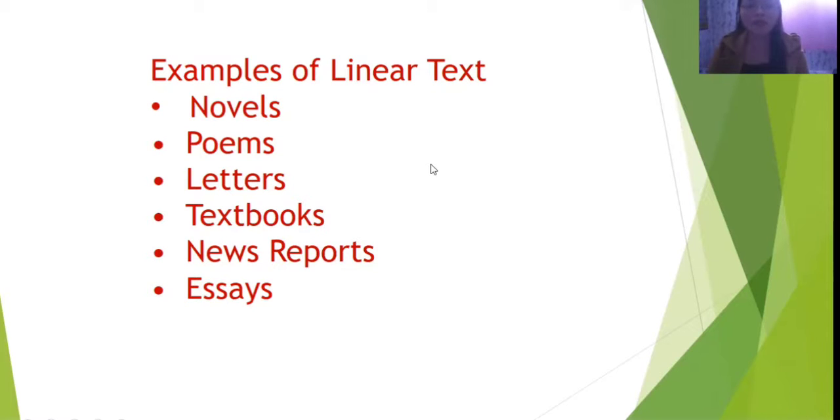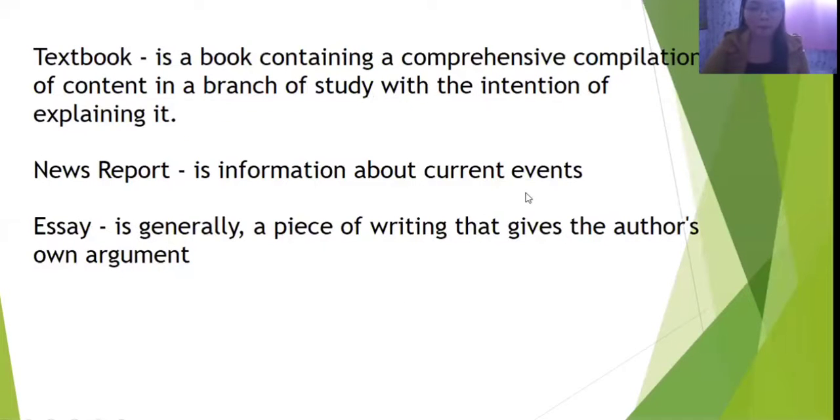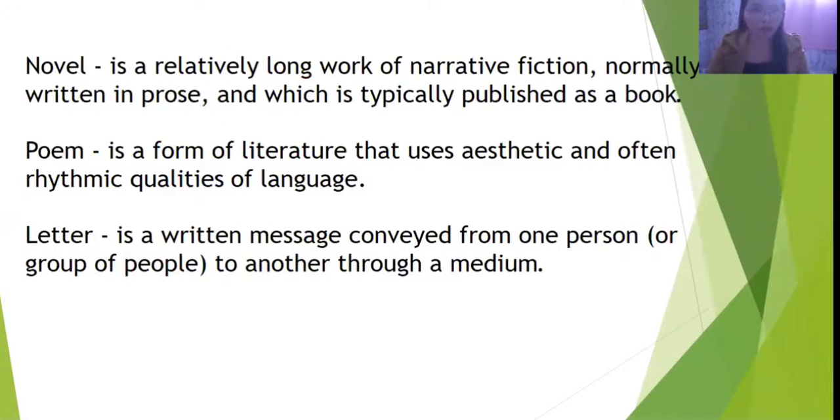Now, let me explain or give the definition of the different examples of linear text. Novel is a relatively long work of narrative fiction, normally written in prose, and which is typically published as a book. I know you are familiar with what a novel is, right?